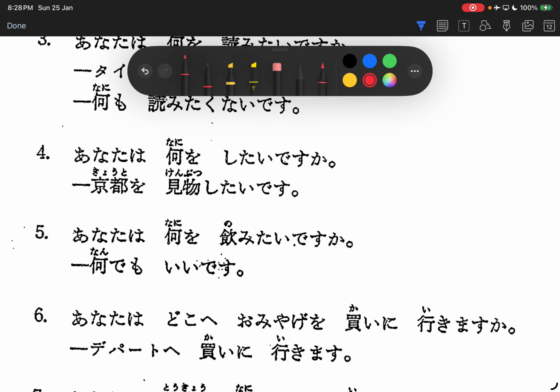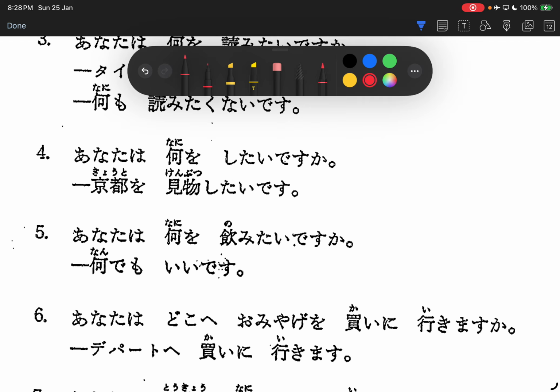Similar, but okay. 京都を見物したいです. That means I want to view and study, I want to be there to physically view and study Kyoto. That means you are considering other cities as well, but now you narrowed down on Kyoto. But if you say 京都で見物したいです, are you going to study Kyoto?